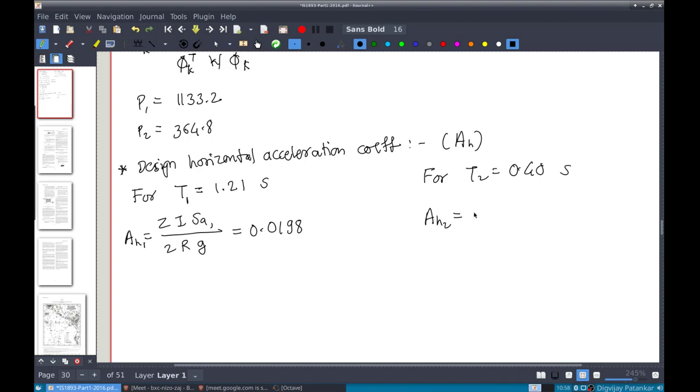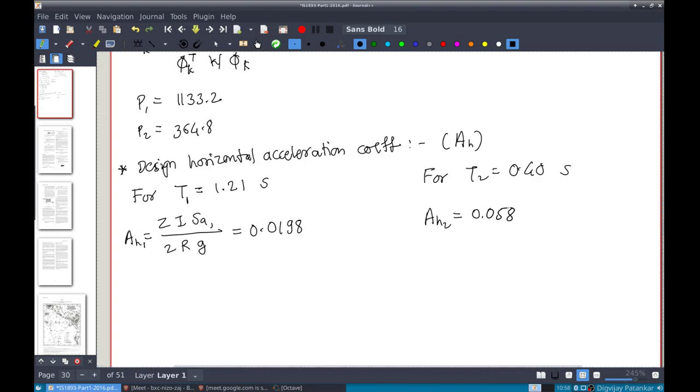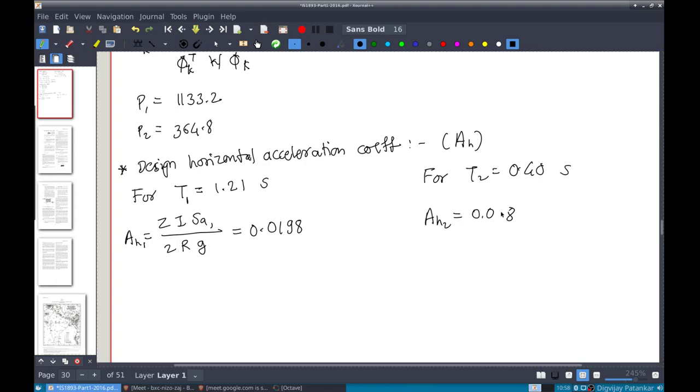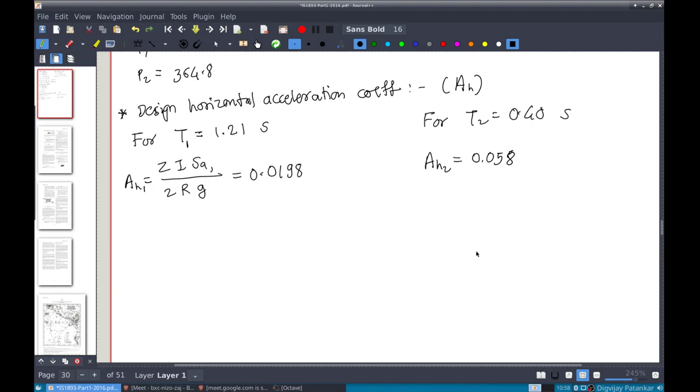Correct. 0.058. Is this correct? Only Sa/g is going to change, nothing else. So Ah1, Ah2 you have.